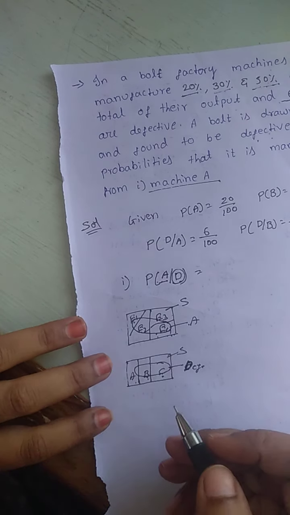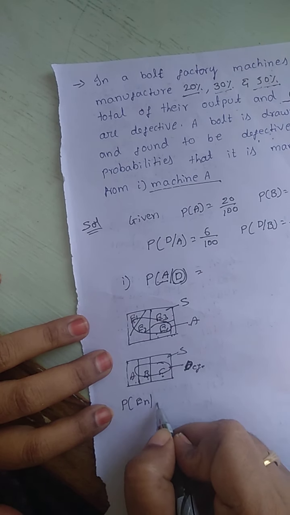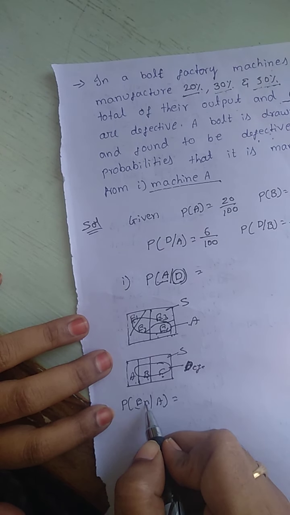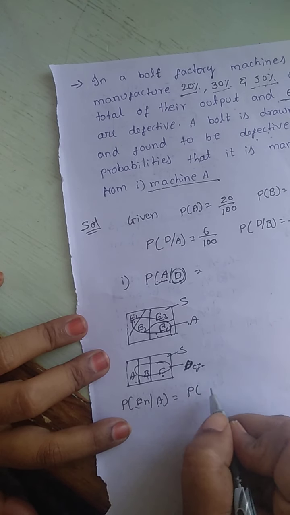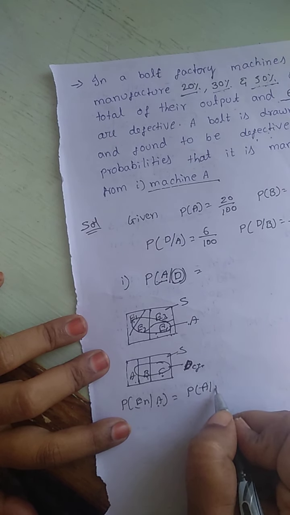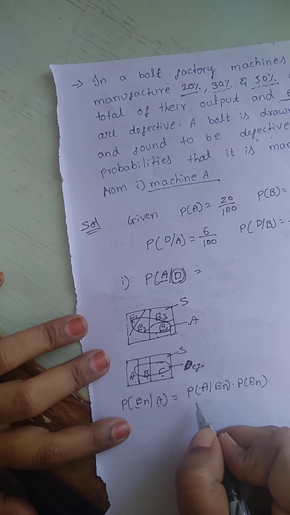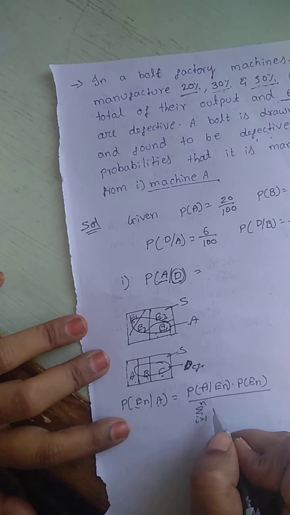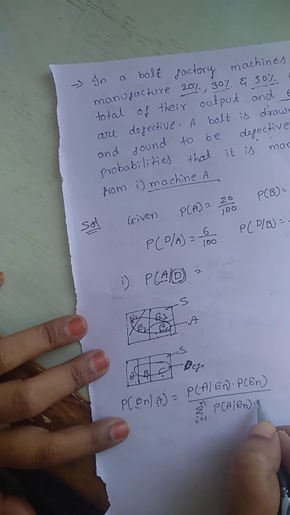Now we are going to use the Bayes theorem. What is the Bayes theorem? The probability of En given A, that means the probability of the nth event provided A, is the probability of A given En into probability of En, divided by the summation from i equal to 1 to n of probability of A given Ei into probability of Ei.